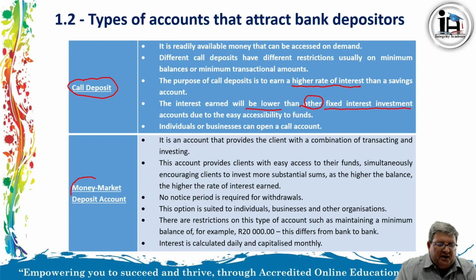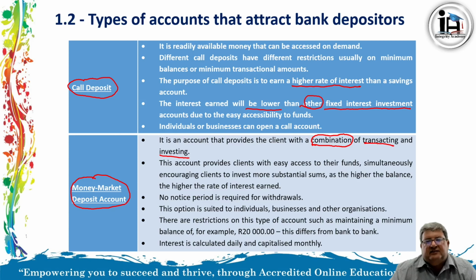Then when we look at money market deposit accounts, it is an account that provides the client with a combination of transaction and investing. So this is a combination account, a combination of a transaction account and investing, a combo account. Let's make a note there, a combo account.